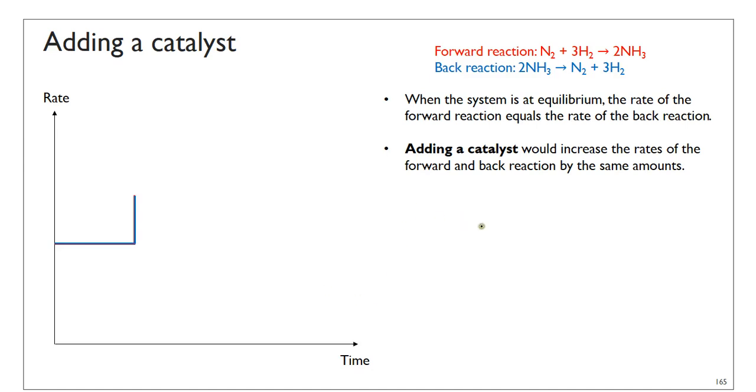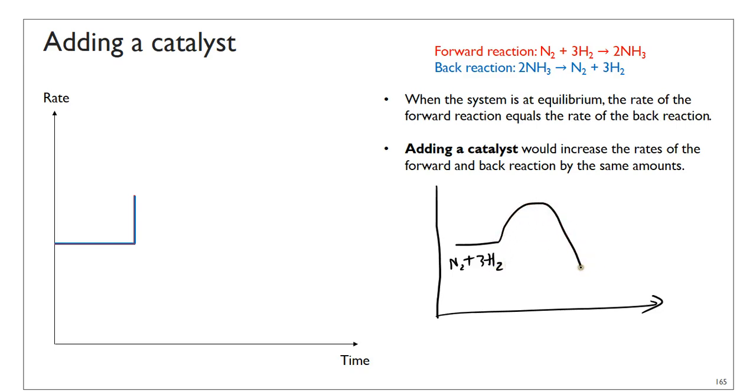And the reason, well, one way to look at this is if you use an energy profile diagram. Okay, so we have, let's say, this is N2 and 3H2. And then I'm going to draw an energy profile diagram of the forward direction. So this is the activation energy of the forward reaction.